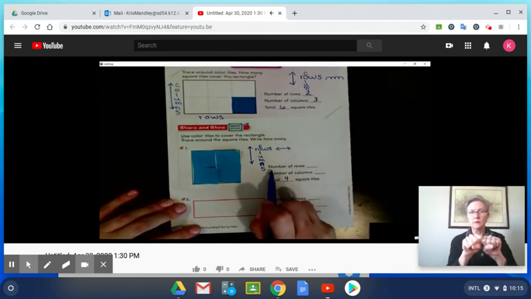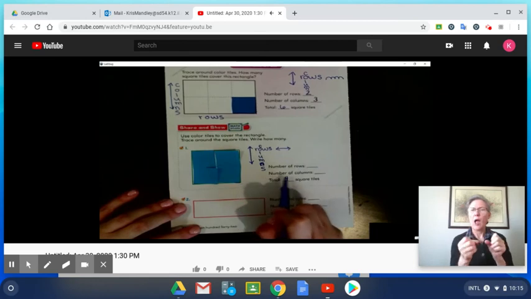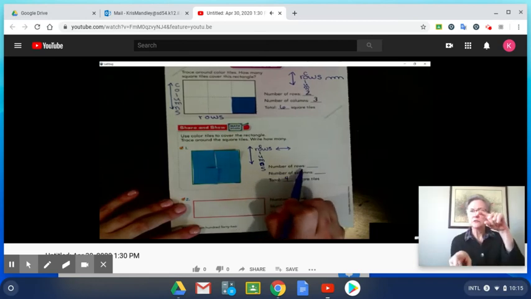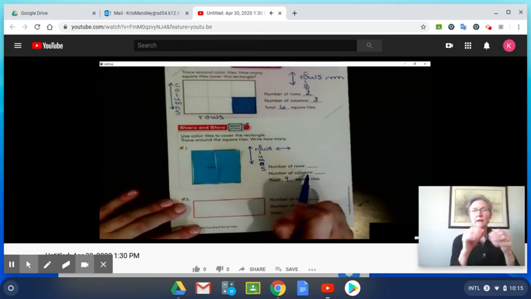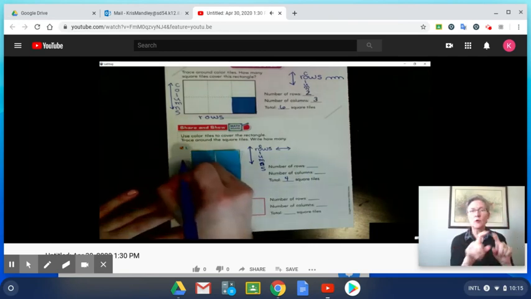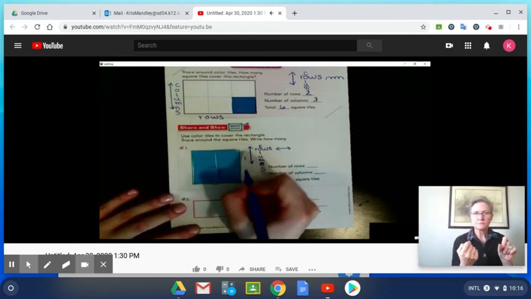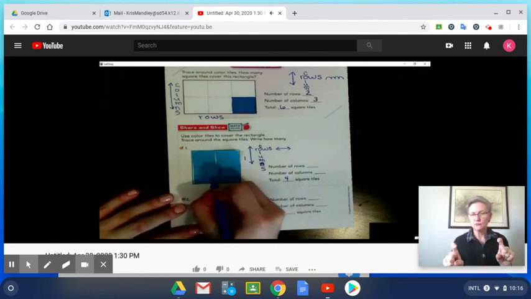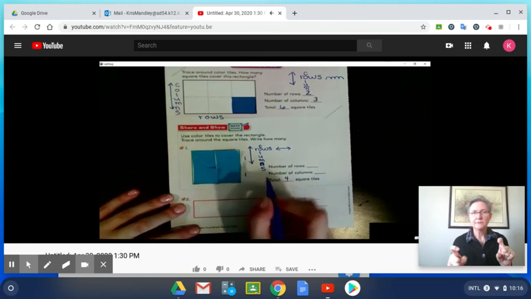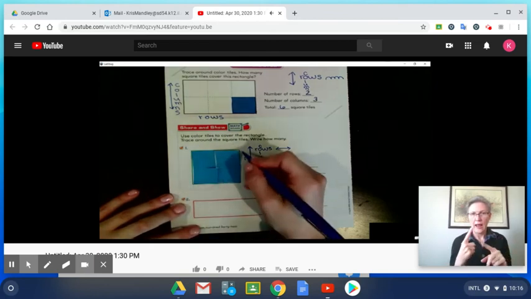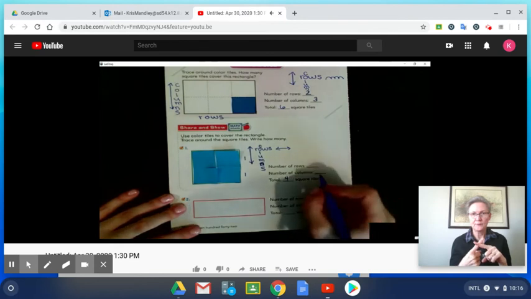Now I have to figure out how many rows and how many columns. So the number of rows and the number of columns. Rows go this way, so I have 1 row, so I can kind of drag my hand across and maybe put a number 1. Drag my hand across and do another number 1. Add them together, and I'm going to get 2 rows.